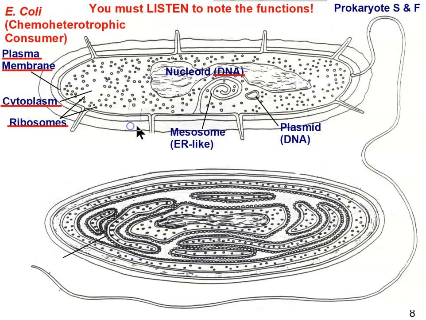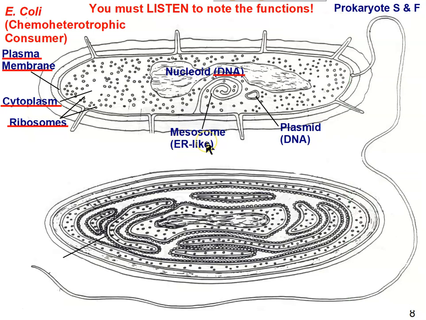You'll notice that there's this structure that's coming off of the plasma membrane, probably formed by the infolding of the plasma membrane or the ingrowth of the plasma membrane. And I put here in parentheses that it's ER-like. And you're going to learn all about the ER, the endoplasmic reticulum, coming up in our next unit.